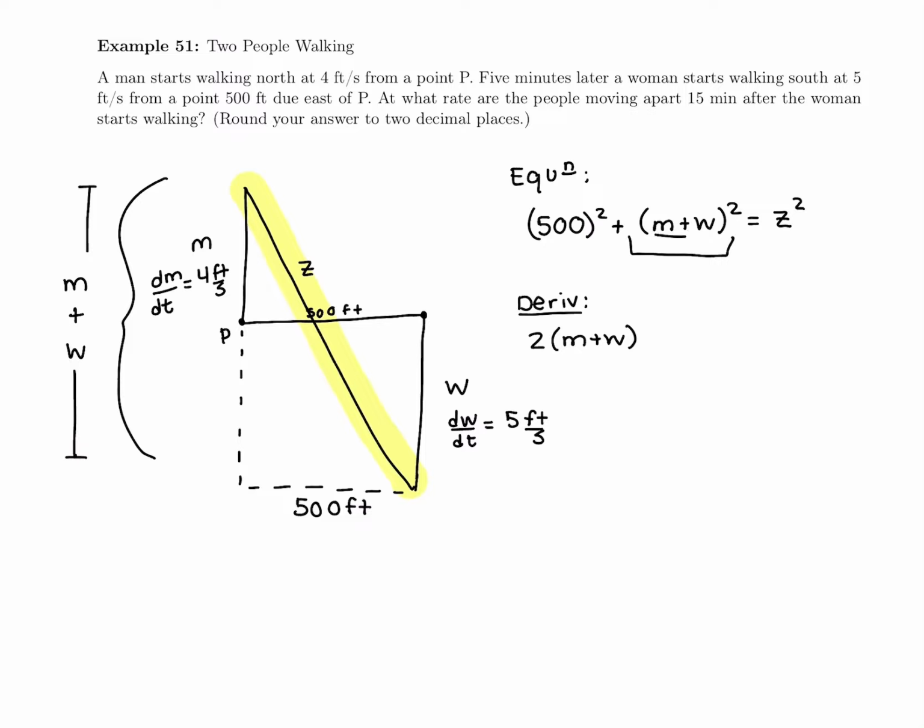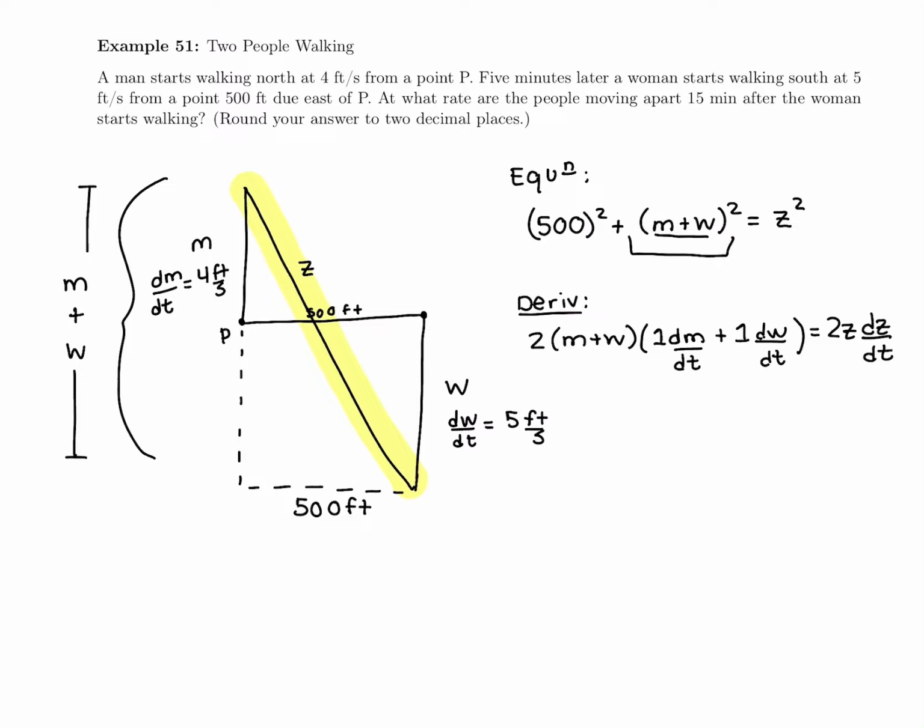And then we're going to multiply that by the derivative of the inside, which derivative of m is just 1 dm/dt, plus the derivative of w is 1 dw/dt, equals derivative of z squared is 2z dz/dt. So that's what we're going to be plugging into to solve this problem.